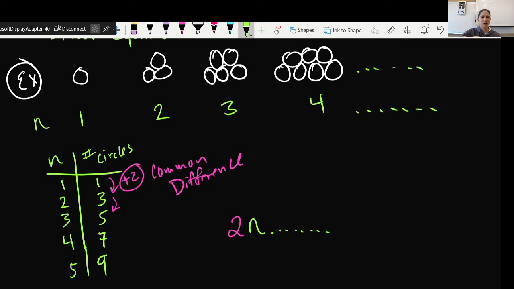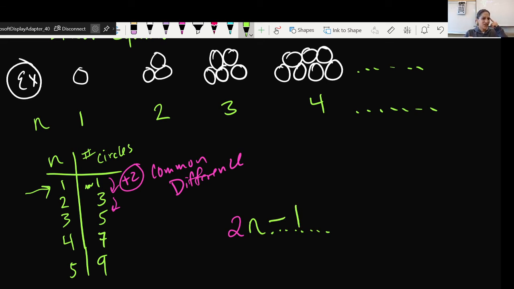If I took 2 and multiplied it by this 1 here, I would end up with the number 2. But in my answer here, I have the number 1. What do I need to do in order to get to 1? I would add or subtract something. What would make the most sense? Minus 1.